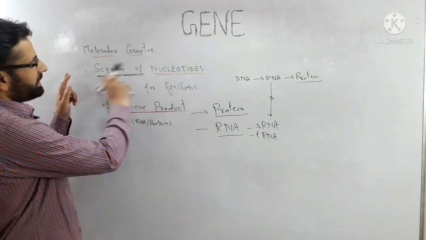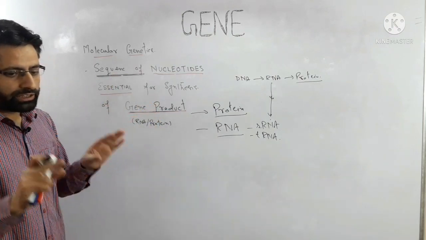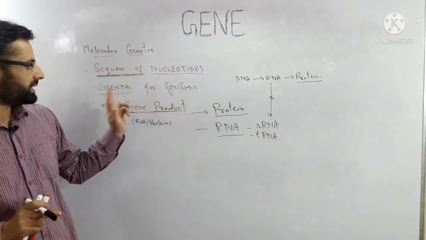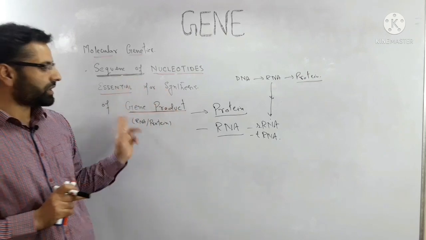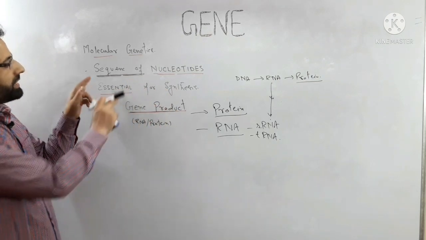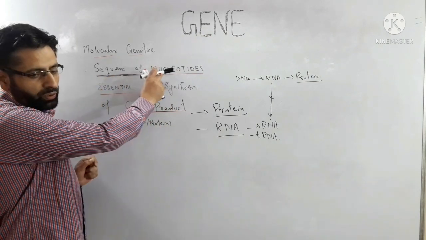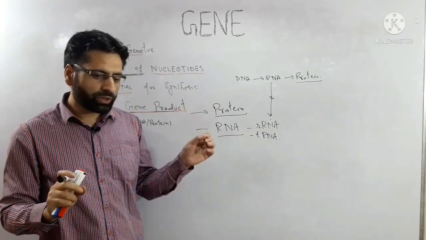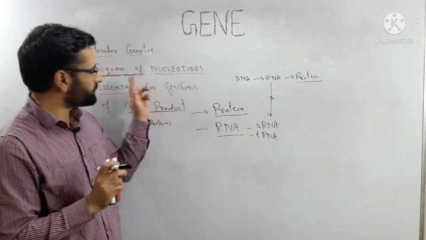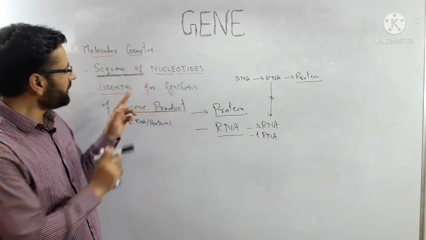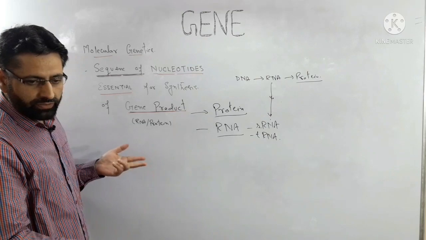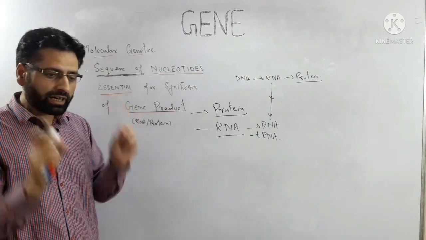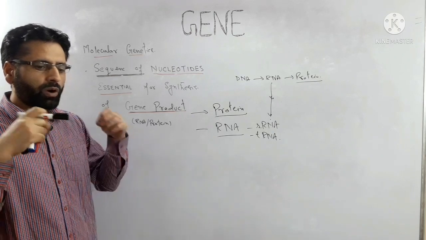So, in this definition, we have gene as a sequence of nucleotides which is essential for the synthesis of gene product. That is, genes are chemically composed of nucleotides. And these nucleotides are arranged in a specific sequence, and all those sequences which are essential, whether they are coding, whether they are getting translated into the protein or not.